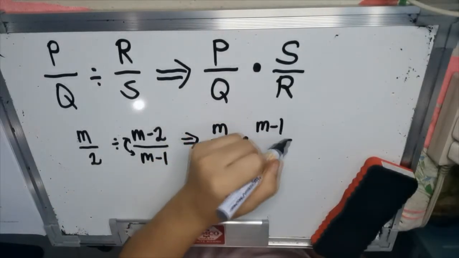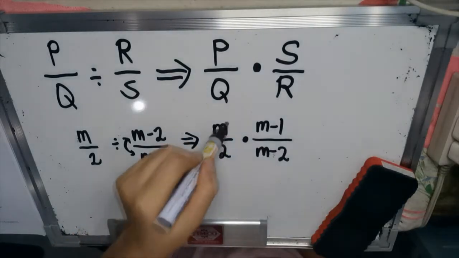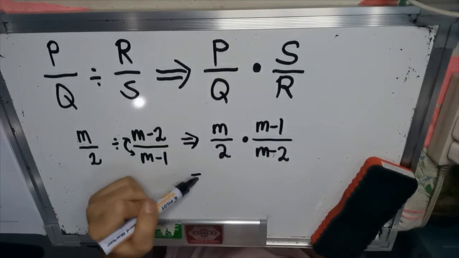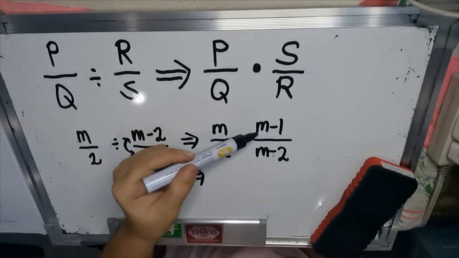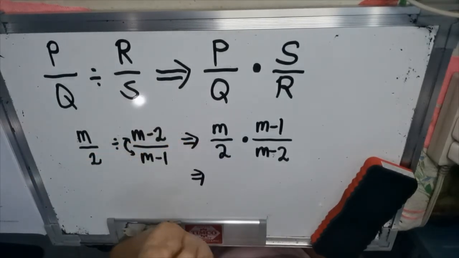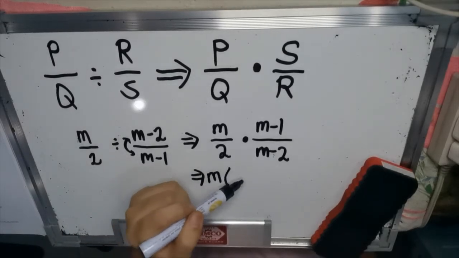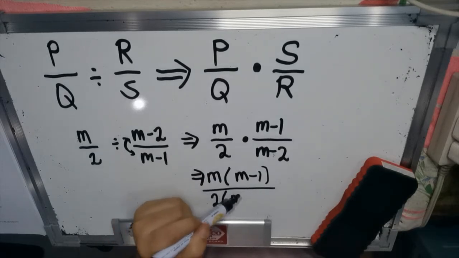Reciprocal lang natin. Okay? And then, proceed na tayo sa multiplication. Since wala tayong makakancel dyan, we cannot cancel m and 2. We cannot cancel m dito sa m dito. No, bawal yon. So, yan na. Multiply na natin. m times m minus 1 all over 2 times m minus 2.